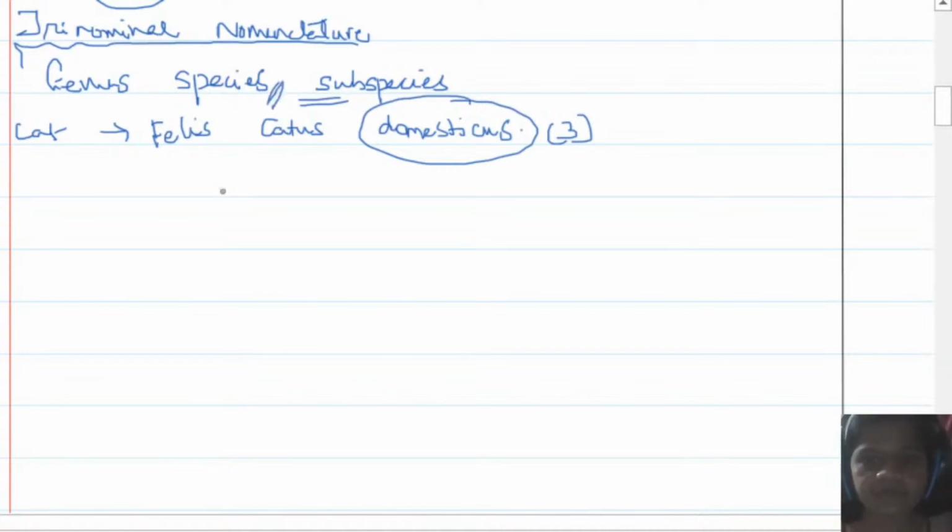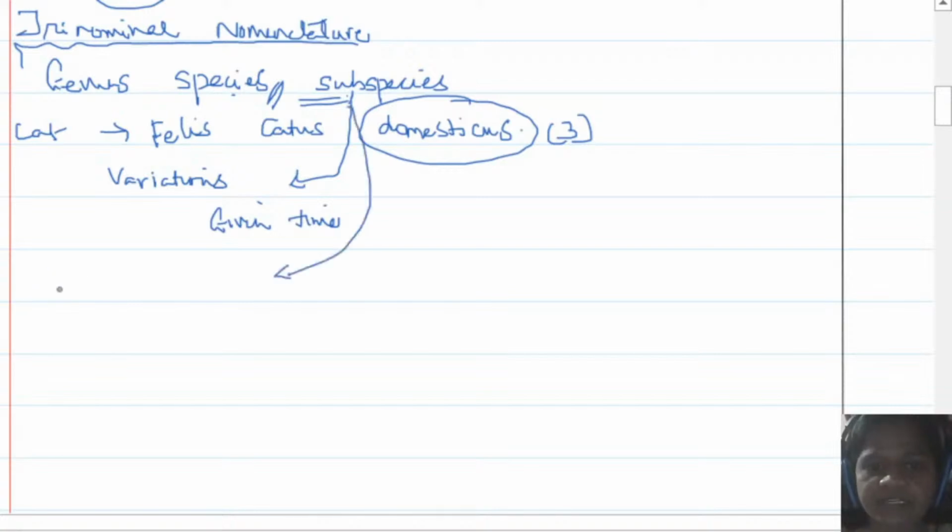But sometimes what happens is there are very small variations in the species, which are slightly different from the species. So we call them subspecies. And given time, if we give it a few million years, this subspecies will end up as a different species, a new one.